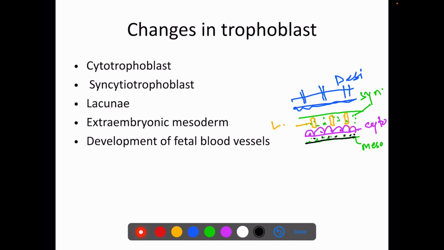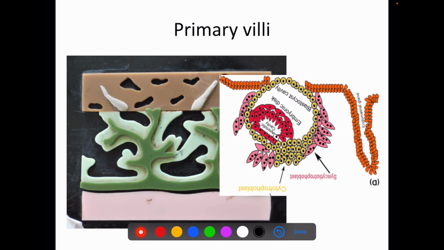The trophoblast initially is in the cellular form, cytotrophoblast. Above that, towards decidua, it is forming syncytium, that is syncytiotrophoblast. Then spaces develop in the syncytiotrophoblast to form lacunae, right? And below the cytotrophoblast there is extra embryonic somatopleuric mesoderm.